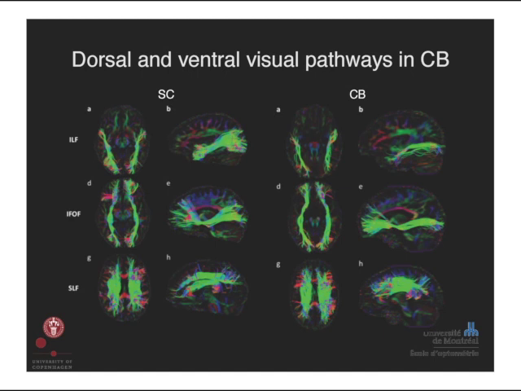So you have three types of tracts. The inferior longitudinal fasciculus and the fronto-occipital fasciculus are part of the ventral stream, and the superior longitudinal fasciculus is part of the dorsal stream. So you have the controls. You have a horizontal view and a mid-sagittal view.